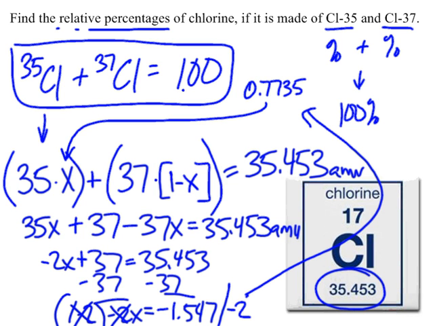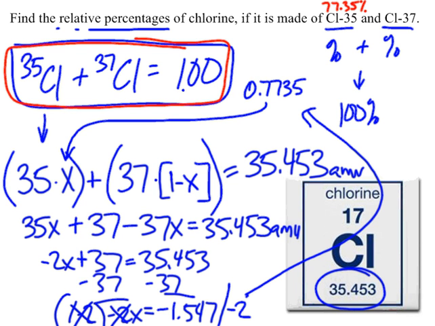So the abundance of chlorine 35 is 77.35%. And if we follow this rule right here, the abundance of chlorine 35 plus the abundance of chlorine 37 must equal 100%.